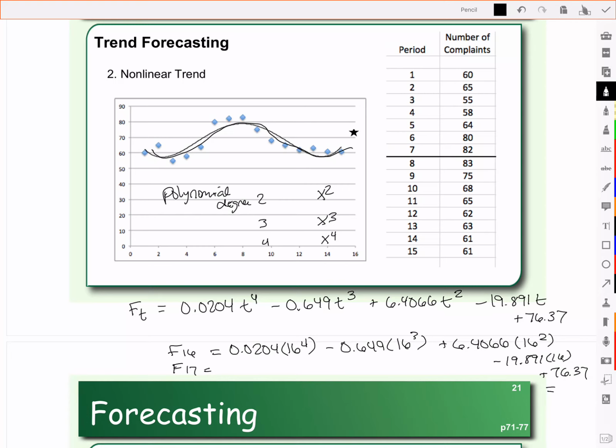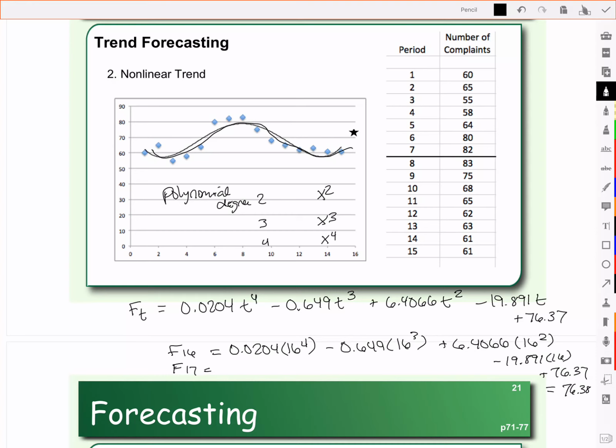Okay, and you throw that all into a calculator and you get 7638. Okay, so that's what you're seeing here with that little star. So note that based on this forecast, the next forecasted year would have an increase in complaints.